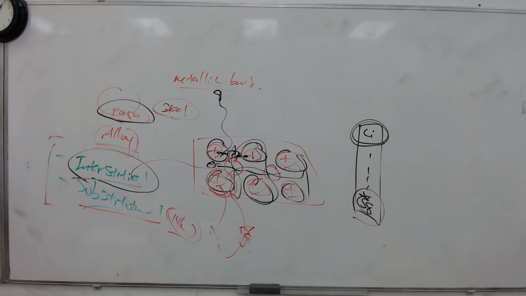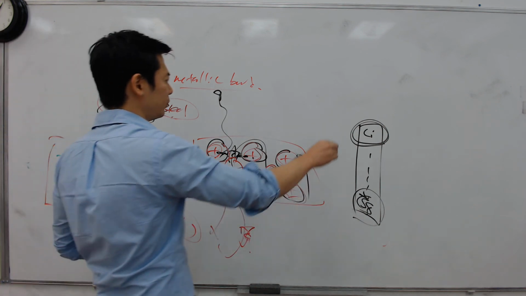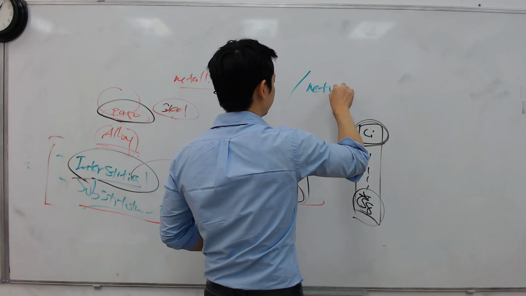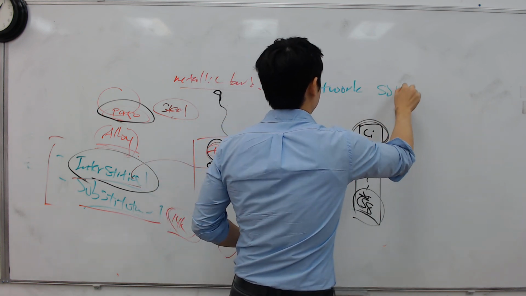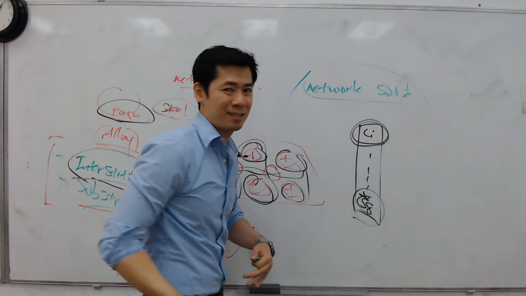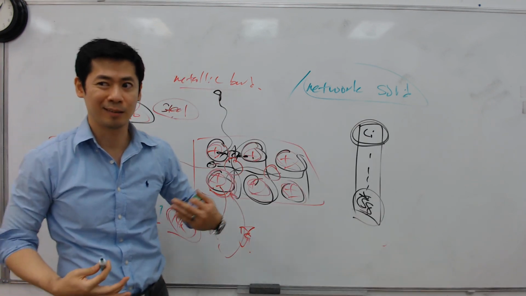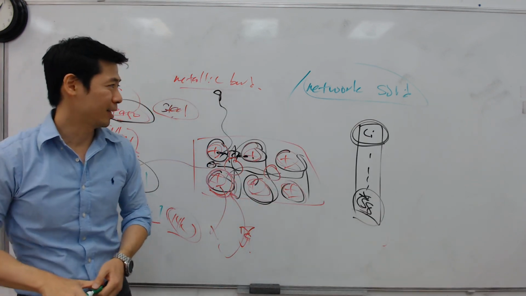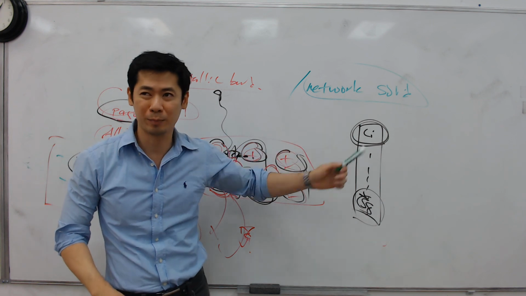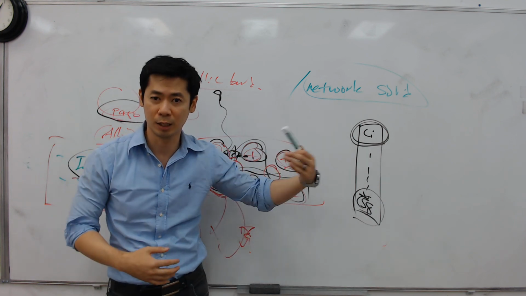The other thing you might have to know is network solids, such as diamond, and glass, silicon dioxide. That's also in the scope of the AP, but I'll squeeze this in for the homework questions.